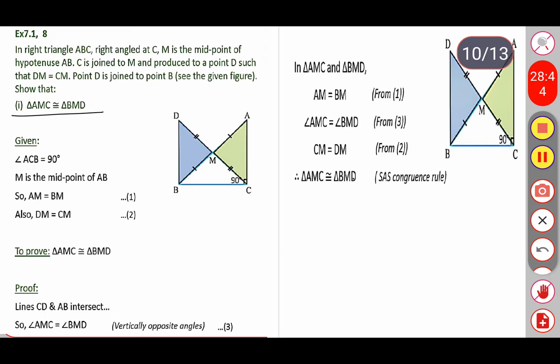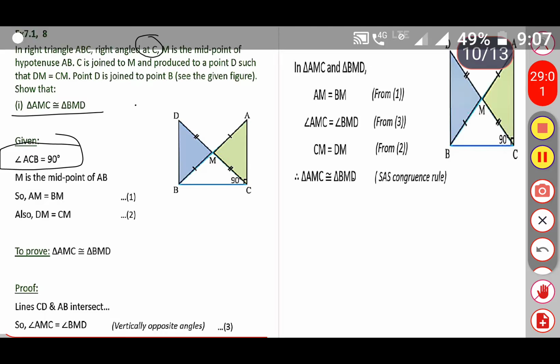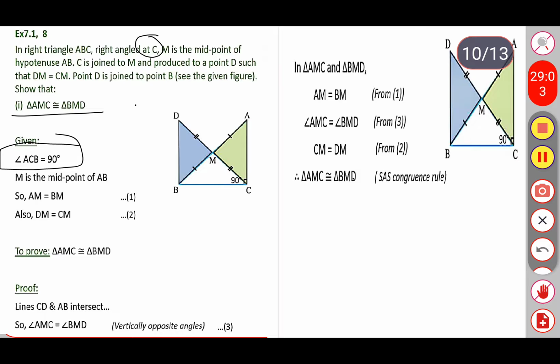Angle ACB is 90 degrees. This is already given in the question. In triangle ABC, angle C is 90 degrees. M is the midpoint of the hypotenuse AB. M is the midpoint of the hypotenuse means that the hypotenuse is divided into two equal parts, and the two equal parts are AM and BM.